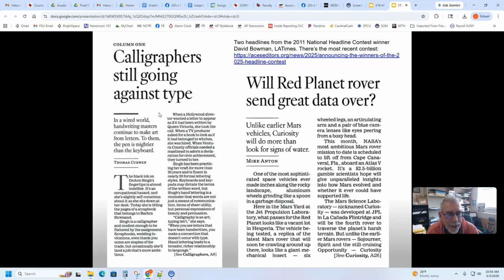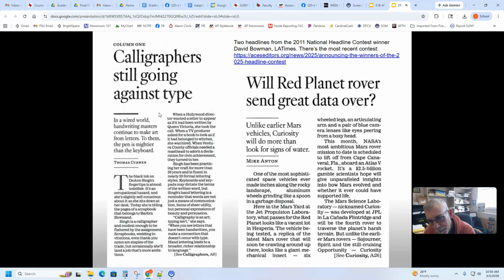If it doesn't do those things and instead just catches your attention but makes you blink like, what is that? What does that mean? It might be overly clever headlines, written more for other editors or other people in the media than actually for readers to look at and say, oh yeah, I'll read that story. Calligraphers still going against type. If you go against type, you do something that was unexpected.